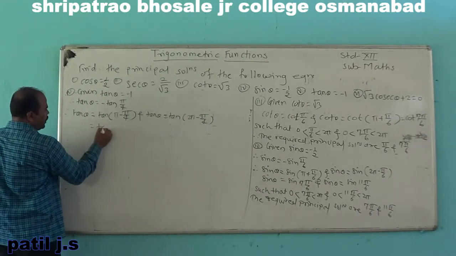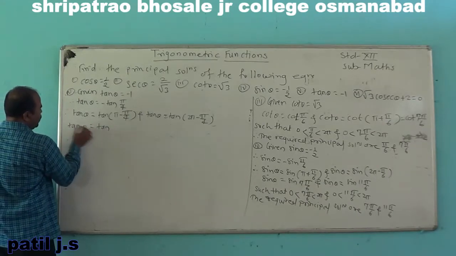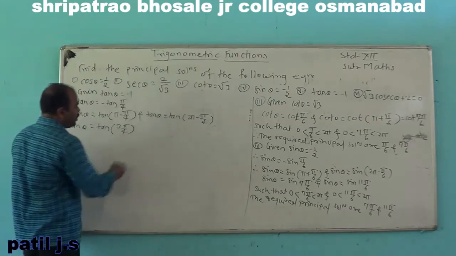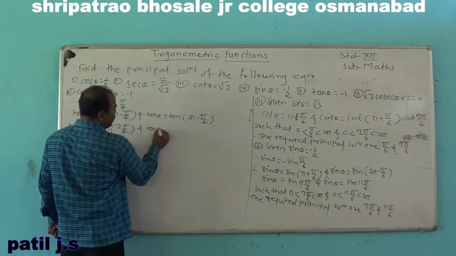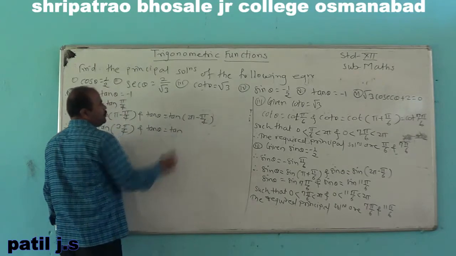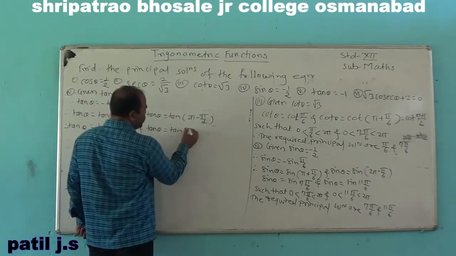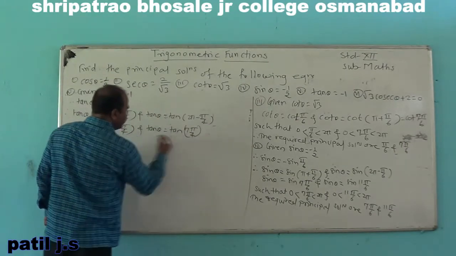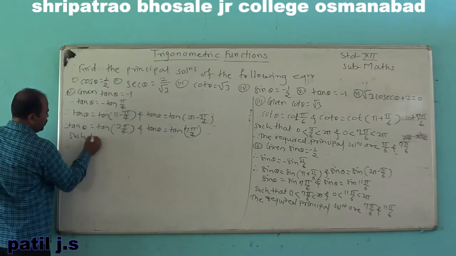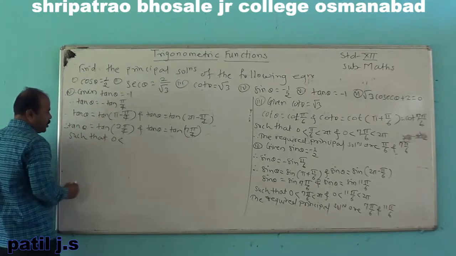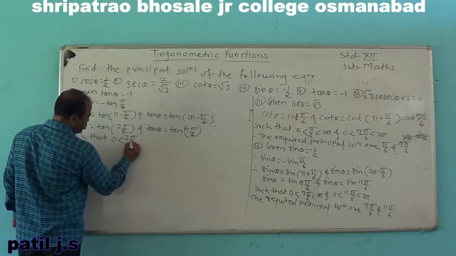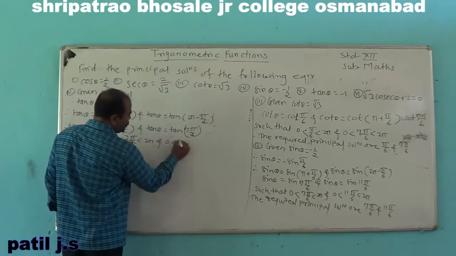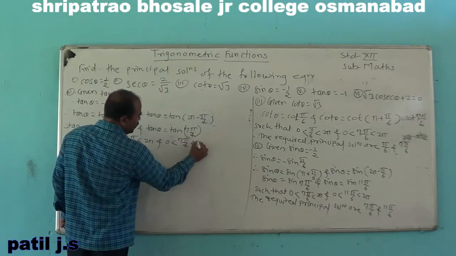This is equal to tan theta is equal to tan of 3 pi by 4 and tan theta is equal to tan of 7 pi by 4, such that 0 is less than 3 pi by 4 less than 2 pi and 0 is less than 7 pi by 4 less than 2 pi.